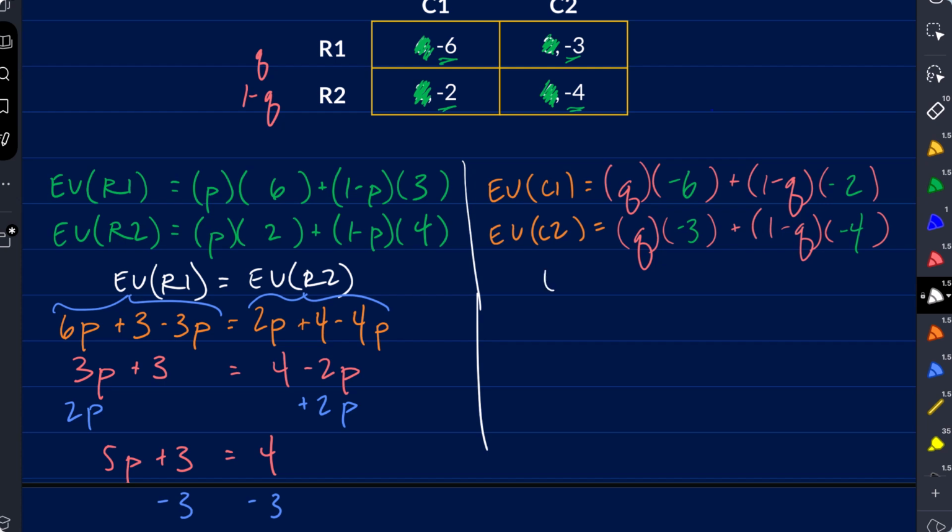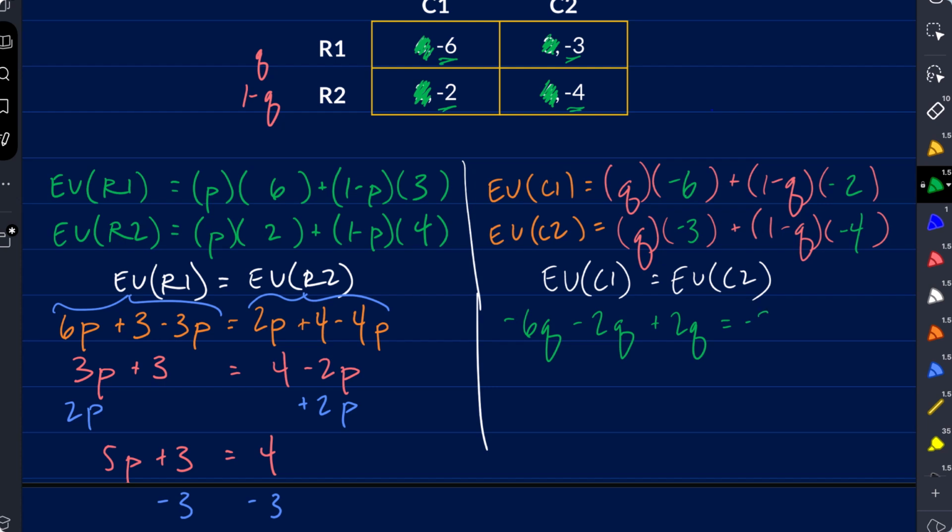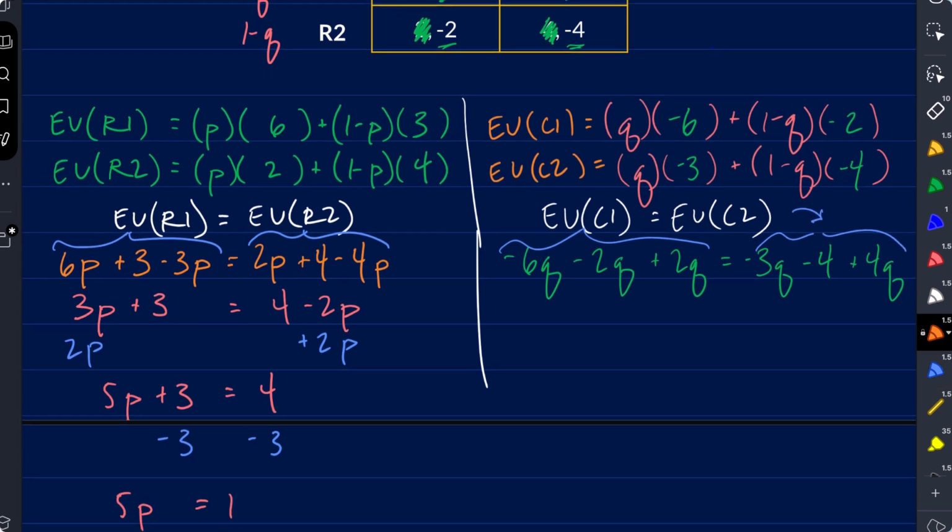Okay, so again, we want to set these equal to each other.